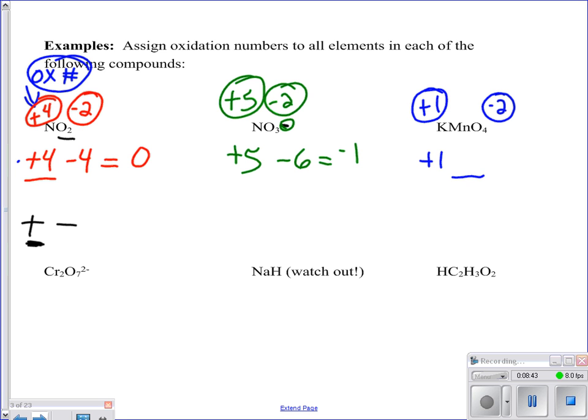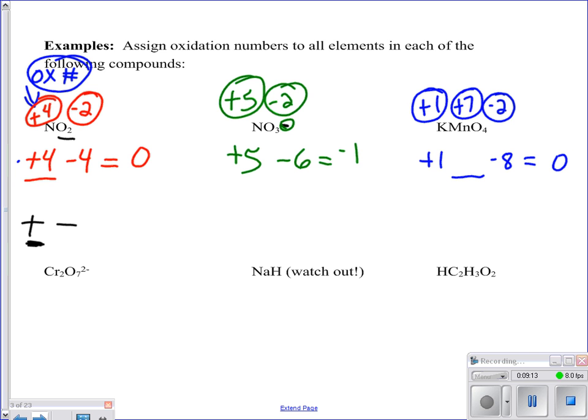That's what we're going to figure out. In fact, there's a whole bunch of different oxidation numbers for manganese, and it's kind of neat because they show different colors based upon the different oxidation numbers. And then our oxygen is going to be a total of -8. All of that together has to equal, I look, there's no charge. It's just a neutral compound, so a 0 for our potassium permanganate. So that means our oxidation number for manganese is what? +7.